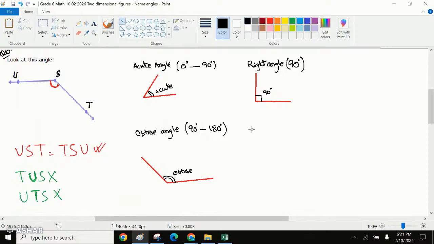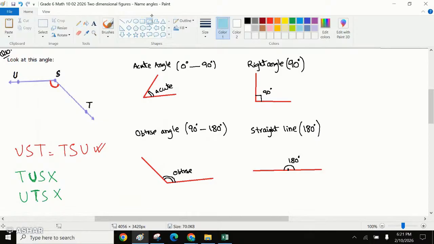And the last one would be a straight line. A straight line has to be a perfect 180. It cannot be more, it cannot be less. That means if we have a straight line, the angle on this line, if we mark this point, has to be 180.